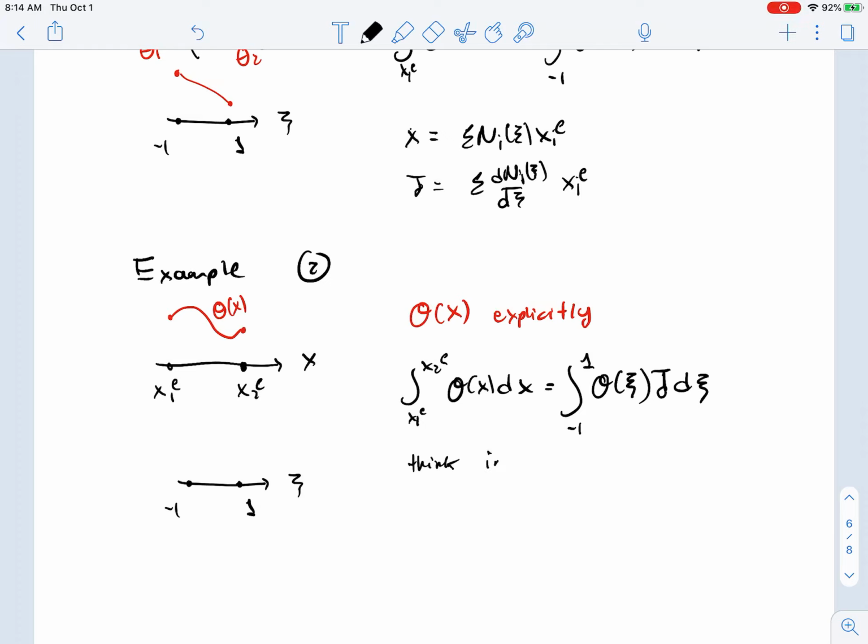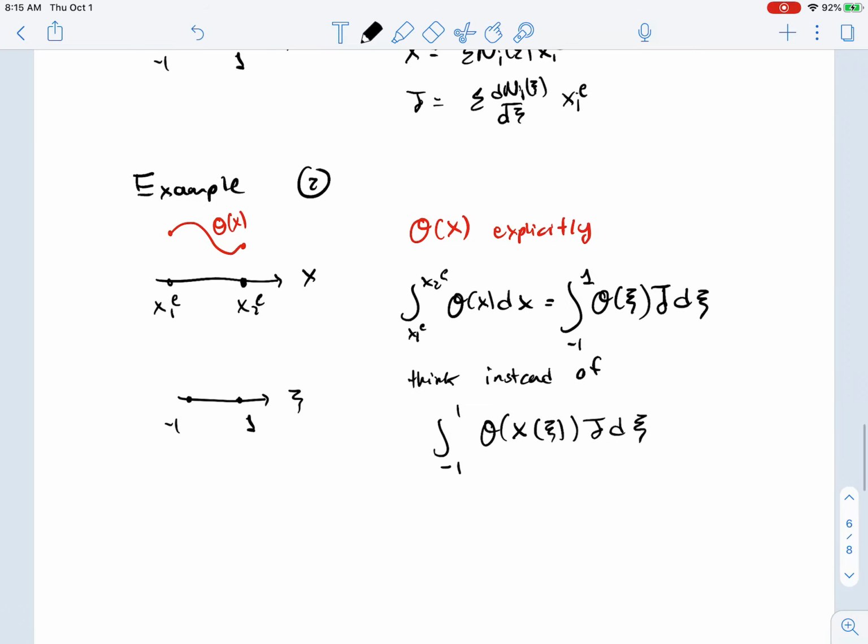Well, you have the map. So what you can say is, think instead of the integral from -1 to 1 of theta of x of xi, j d xi.